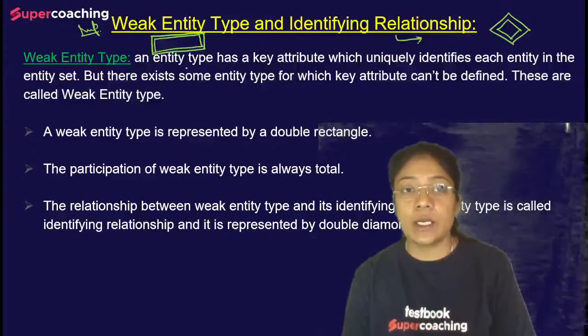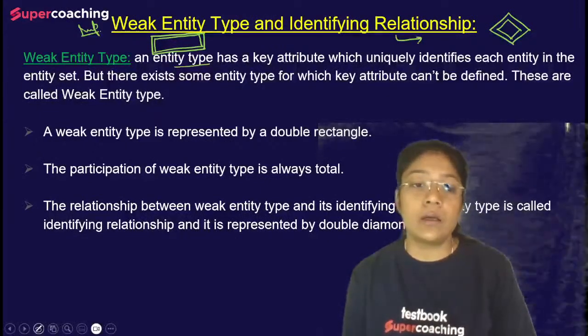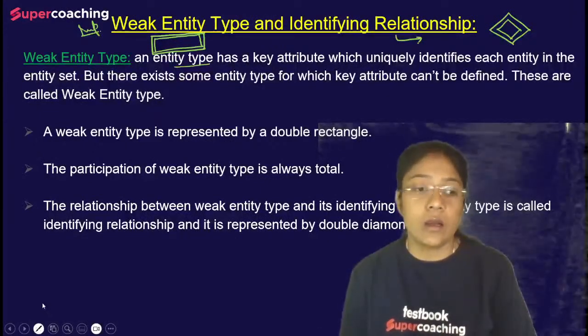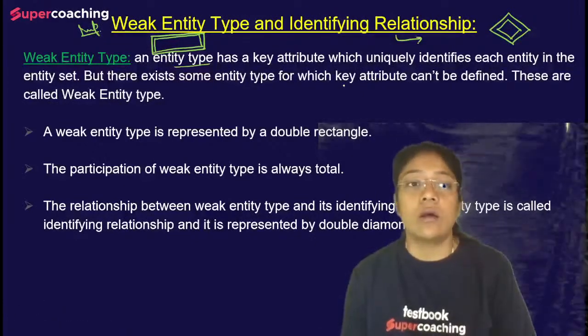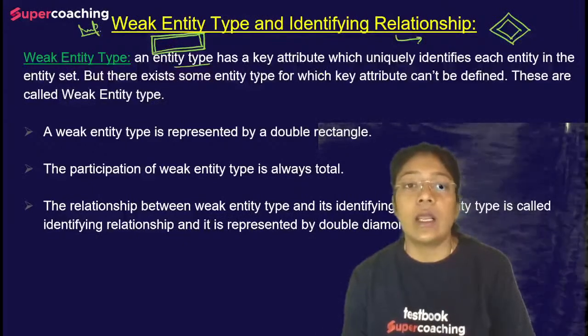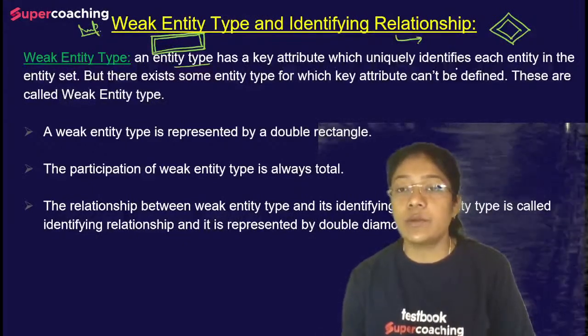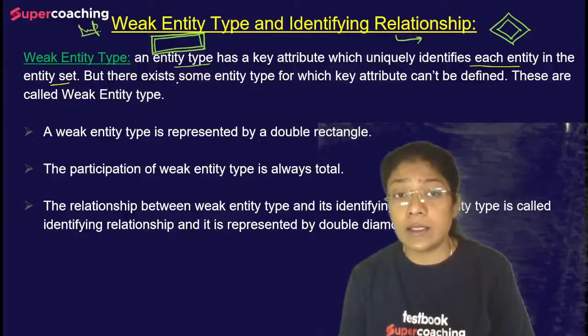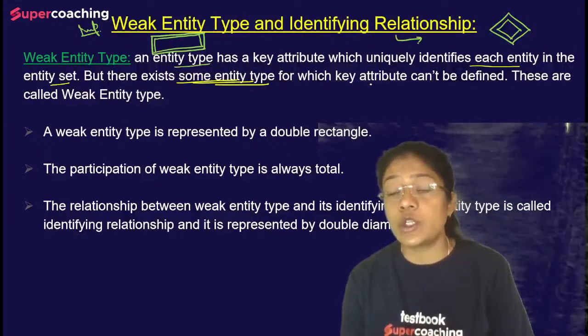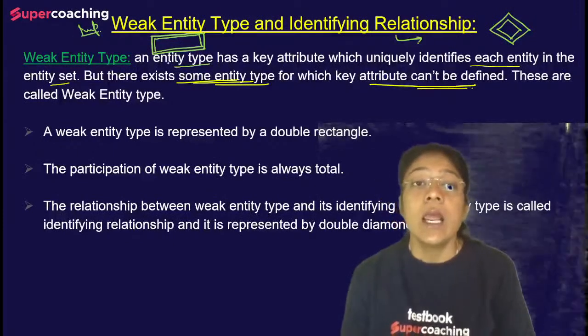Weak entity type is nothing but an entity type that has no key attribute. An entity type is having the key attribute which uniquely identifies each entity in the entity set, but there exists some entity type for which the key attribute cannot be defined.